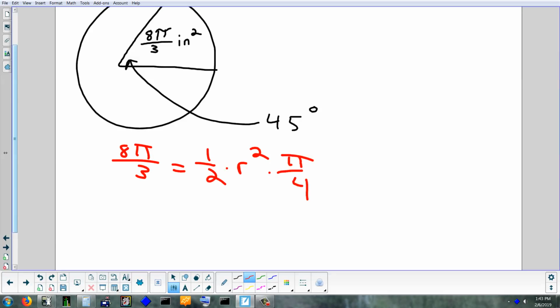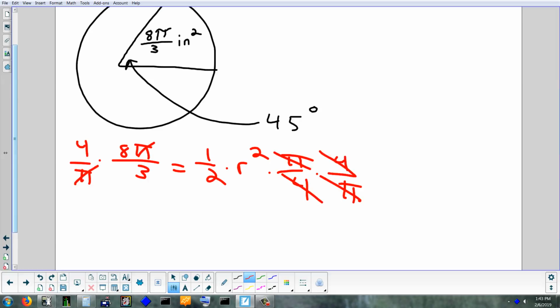Let's start with the pi over 4. We can get rid of the pi and the 4 at the same time using a trick we already used once. How can I get rid of the pi and the 4 at the same time? Use the reciprocal. Multiply by 4 over pi. Pi's are gone, 4's are gone.